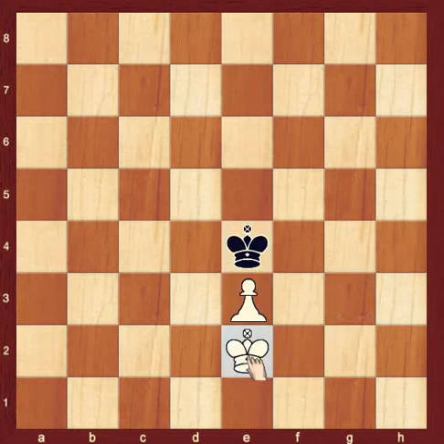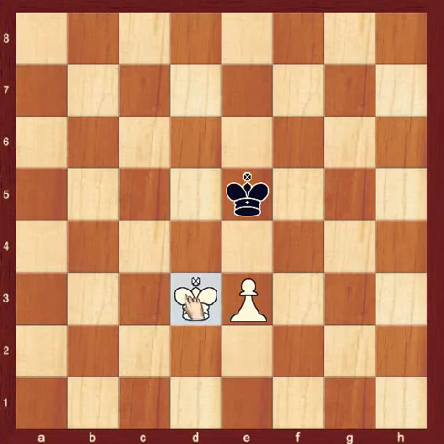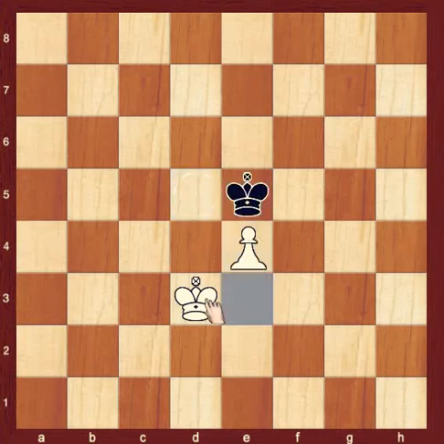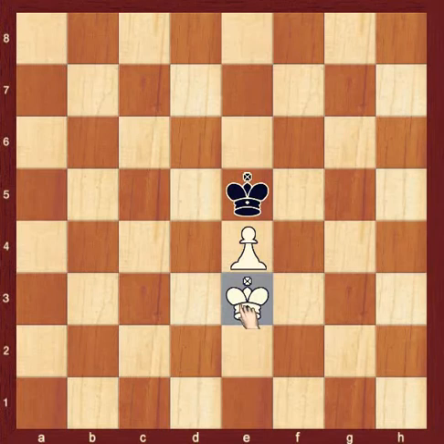So after king e2, black will play king e5. White king on d3, black should play king to d5. After e4 check, king e5. Here you can move king to e3.